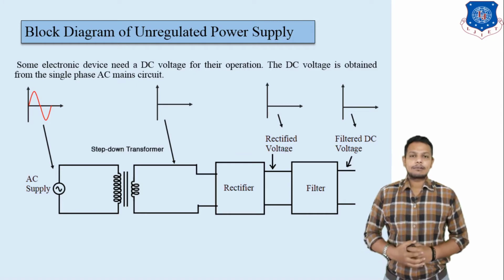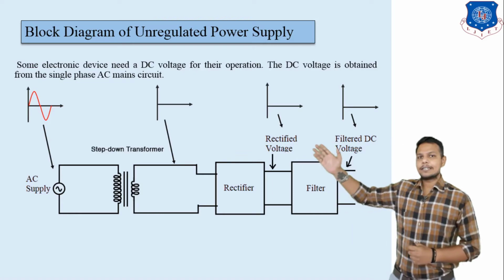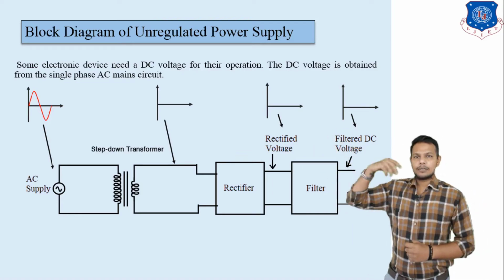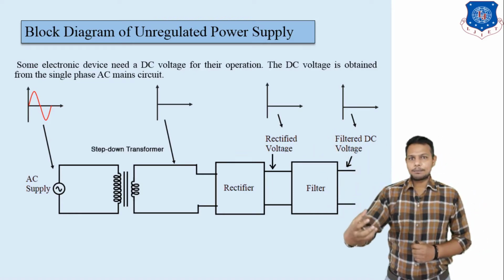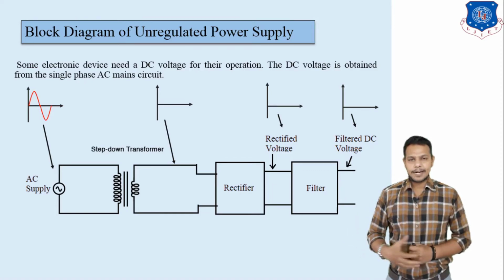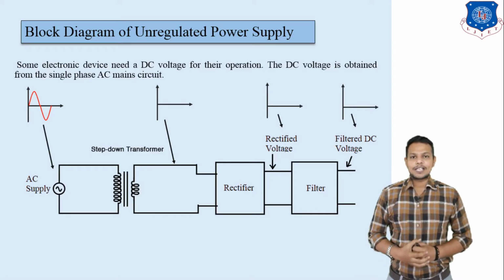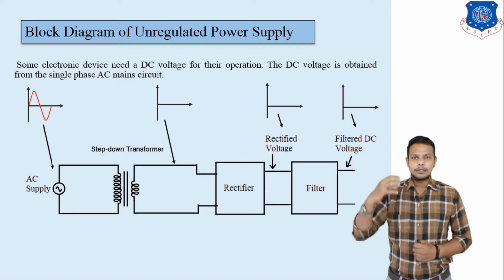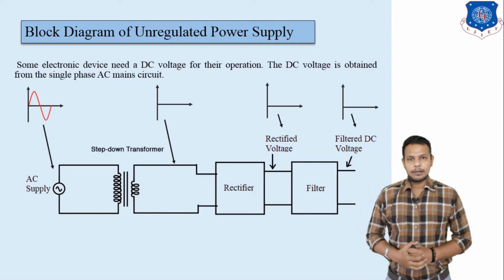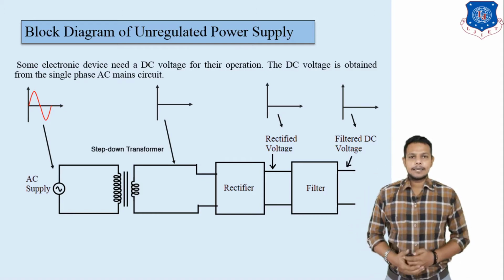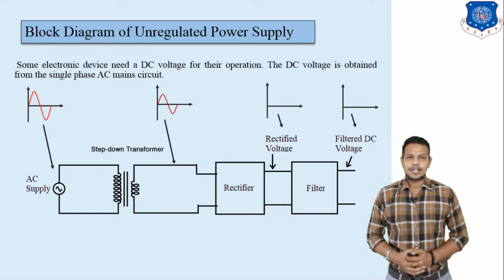For that we have to enter input in the form of an AC waveform at the AC mains. Then it goes to the step down transformer. There are two types of transformer, step down and step up. Step down means it lowers your voltage level. Here we can see the output of the step down transformer.